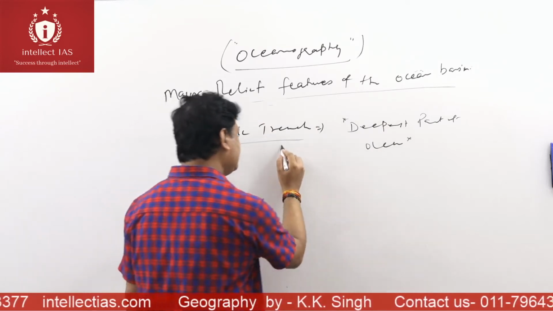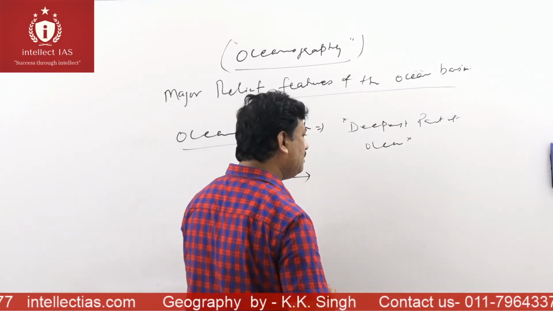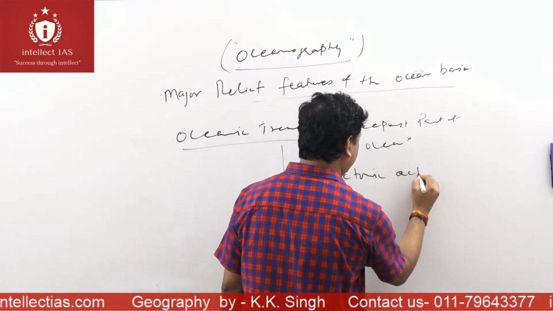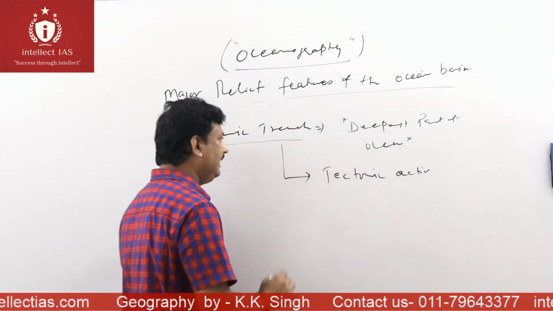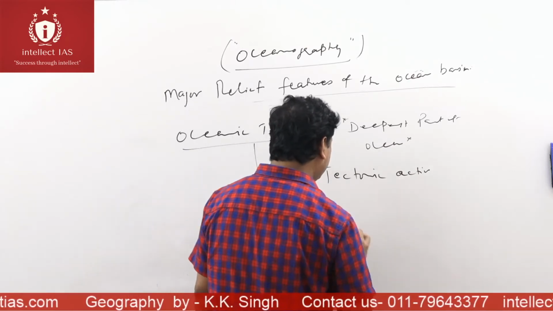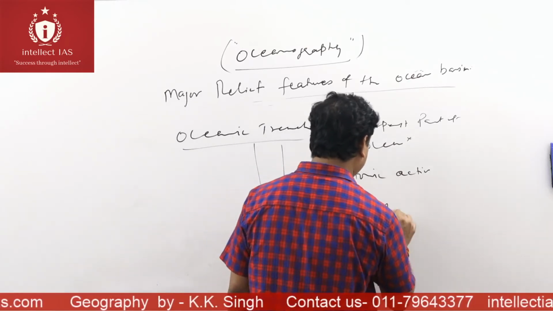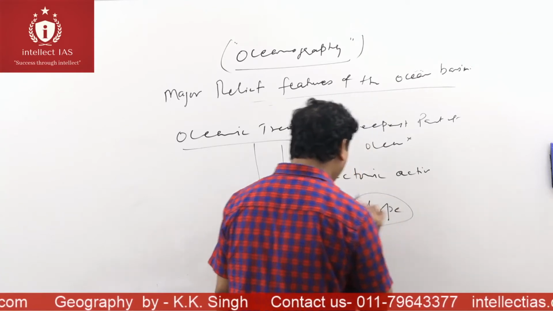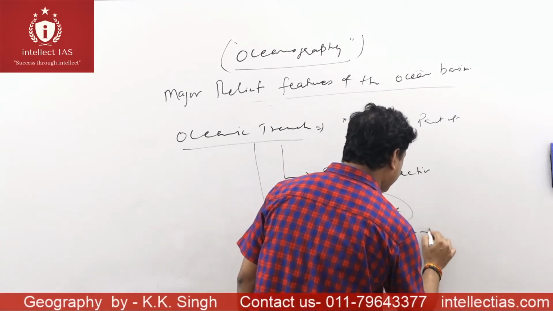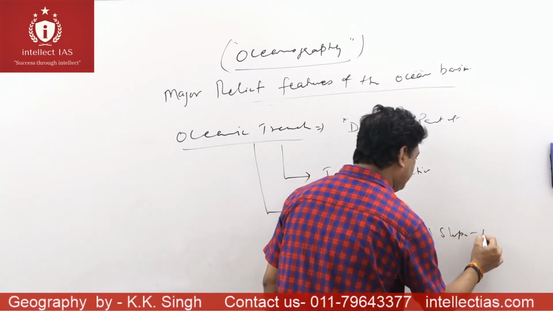These trenches are formed due to tectonic activities, and are found either on the continental slope or at the margin of the continental slope and abyssal plain.